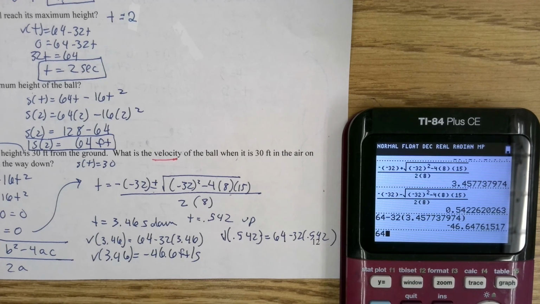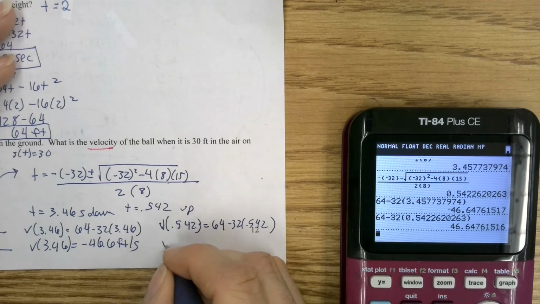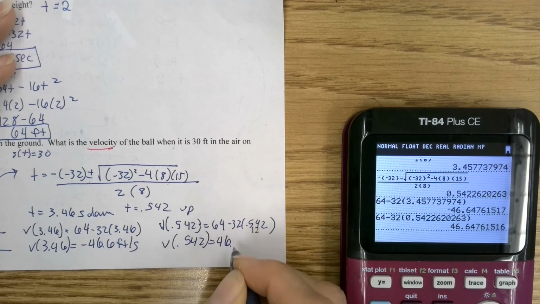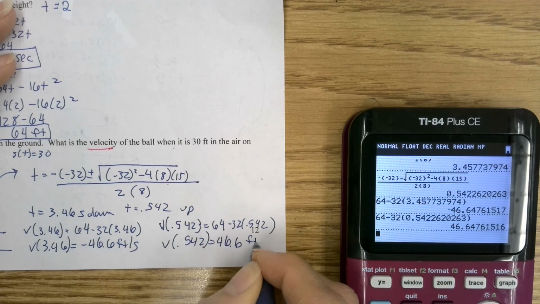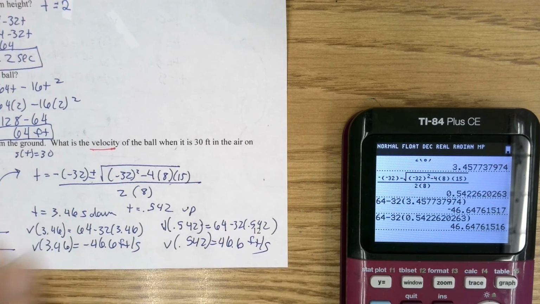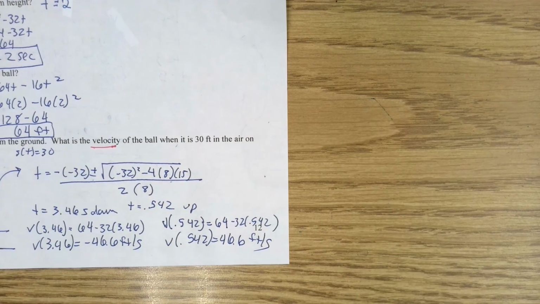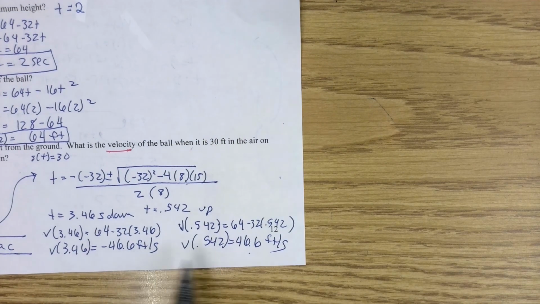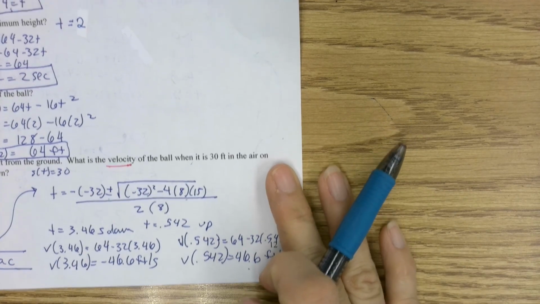And then I'm going to find the time at 0.542. But I'm going to go ahead and grab that from up here. And I am left with 46.6. How about that? Is that a coincidence that we would be left with the exact same answer, a positive and a negative version? Well, coincidences like that don't happen very often in math.